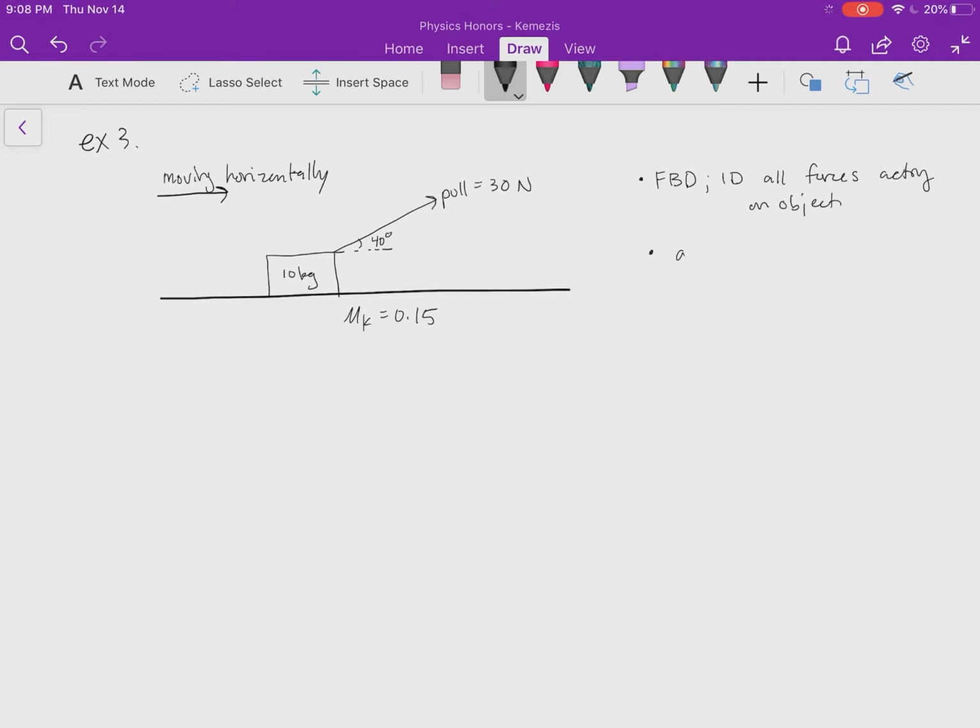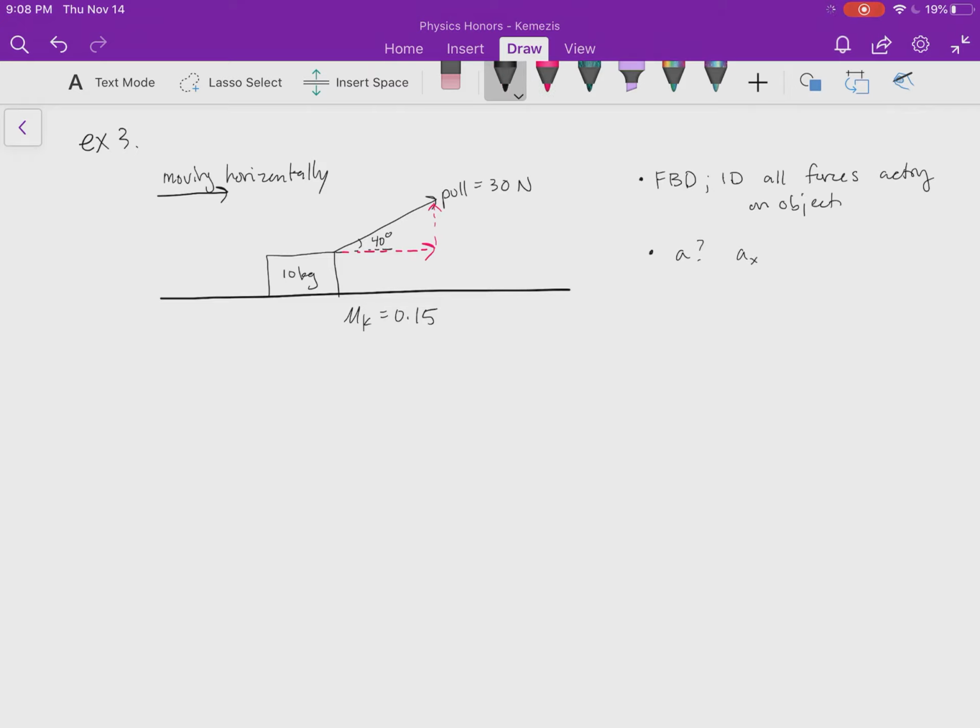The other thing is, what's the acceleration of this box? One of the things, now that we have two dimensions, is that we have x directional motion and y directional motion, because we have components of this pull since it's at an angle.